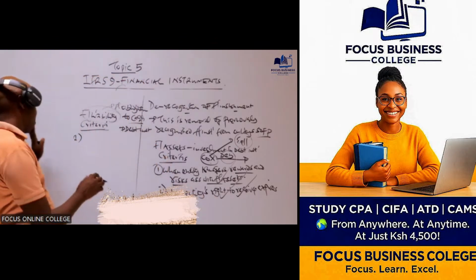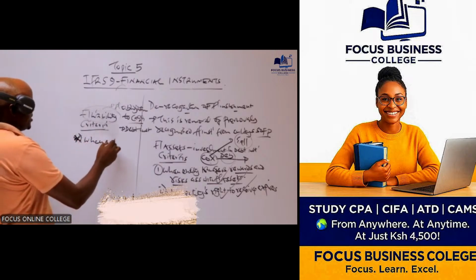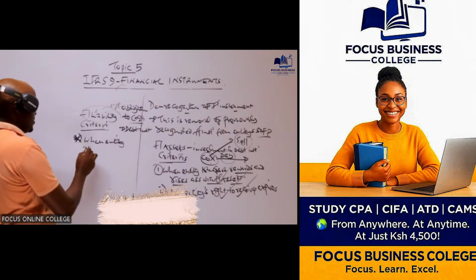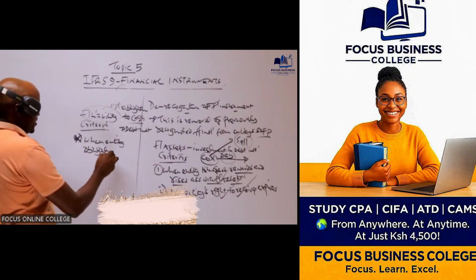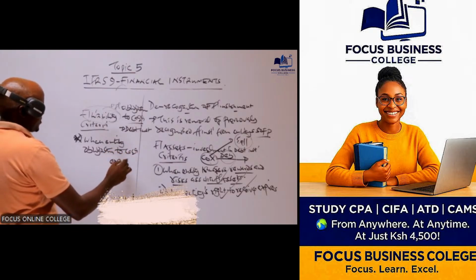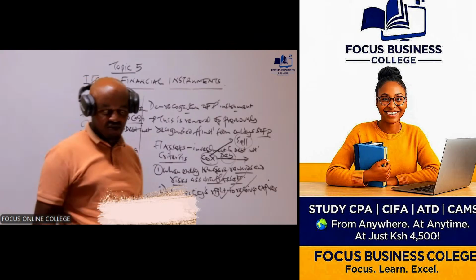Here we have just one criterion, and that is when the entity's obligation to pay cash expires. When the entity's obligation to pay cash has expired. What does that mean?